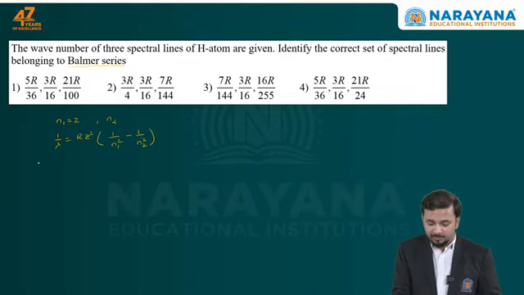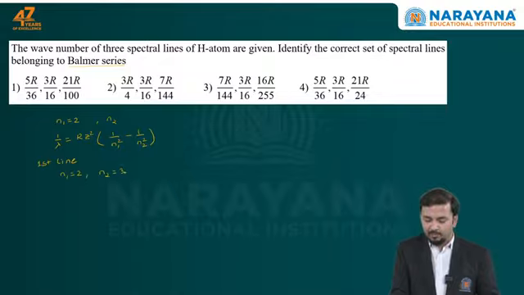For the first line, n1 is equal to 2 and n2 is equal to 3. So 1 upon lambda will be equal to R, Z is 1 for the hydrogen atom, times 1 by 4 minus 1 by 9. So this becomes 5R by 36.